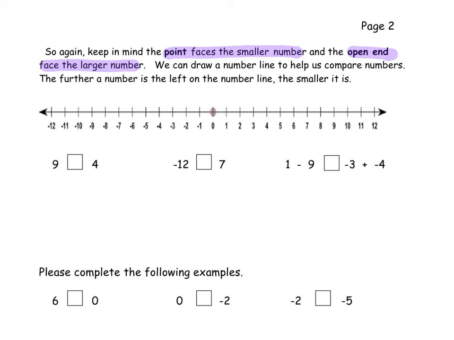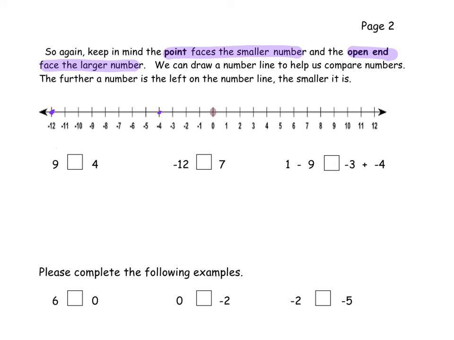Meaning if I put a point here, and I put a point here, even though my brain might register that 12 is bigger than 4, you're going to notice we're on the negative side. So on the negative side, this would be considered a loss of 12, and this is a loss of 4. So I would have less money if I lost $12 as opposed to losing $4.